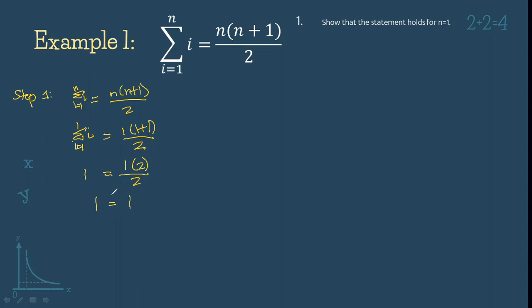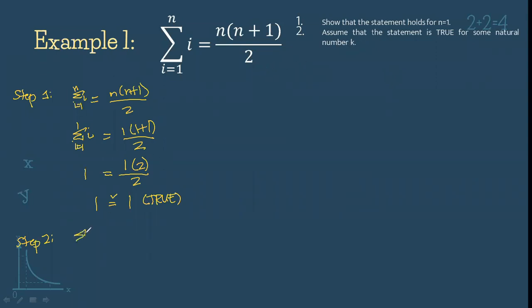So that is true. So na-prove po natin na for step number 1, the statement holds for n is equal to 1. So nag-true po siya. So proceed po tayo kay step 2. In step 2, it is said that we should assume that the statement is true for some natural number k. So dito po, wala naman po tayong gagawin masyado. Papalitan lang po natin ng k yung mga n.